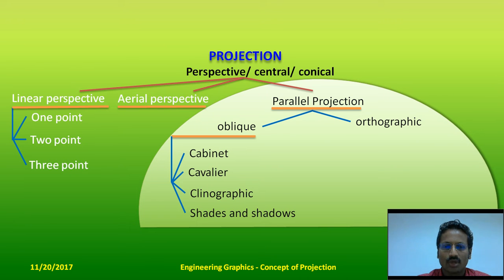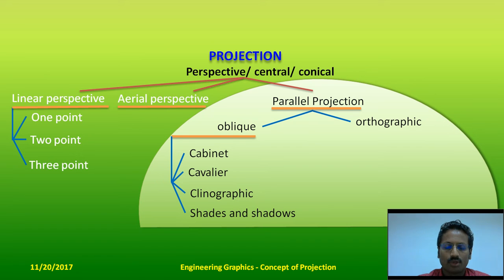As I told you, oblique projection is one in which the projectors are inclined to the plane of projection, and orthographic projection is one in which the parallel projectors are perpendicular to the plane of projection. The word ortho means perpendicular or normal, and graphic means drawing. A drawing with projectors normal or perpendicular to the plane of projection.